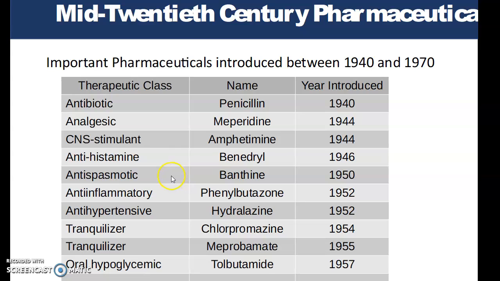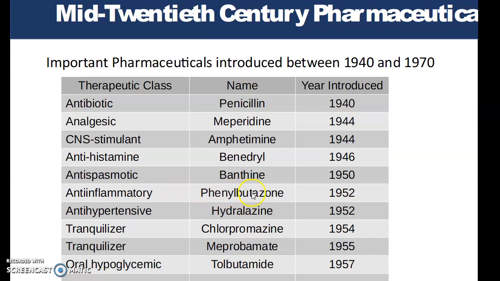Banthine, an antispasmodic. This was something to help control epilepsy. That occurred in 1950. Phenylbutazone, oftentimes just called bute, has been abused extensively in some of the horses and other things.